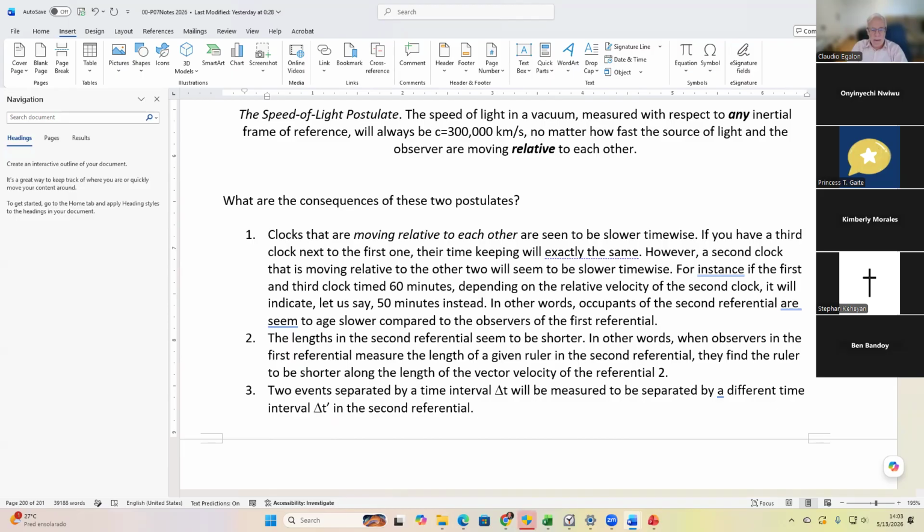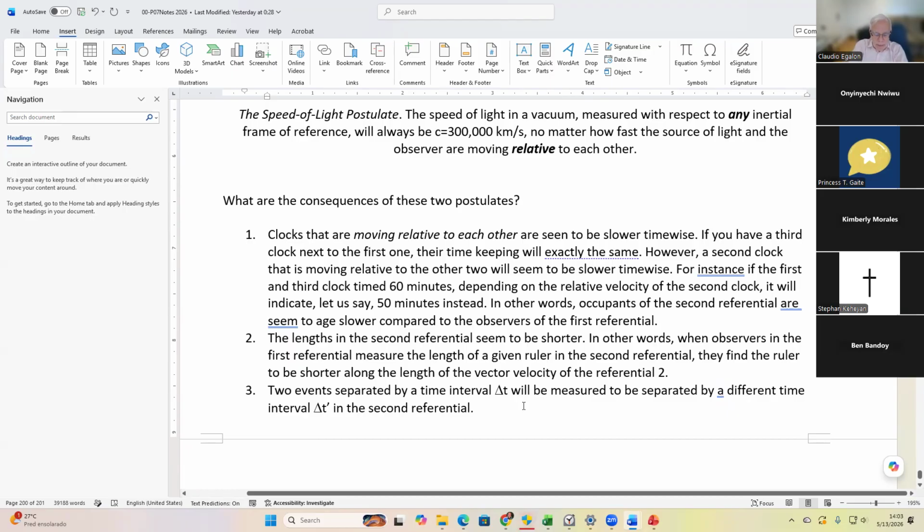So what do we mean by that? Two events separated by a time interval will be measured separated by a different time interval in the second referential.